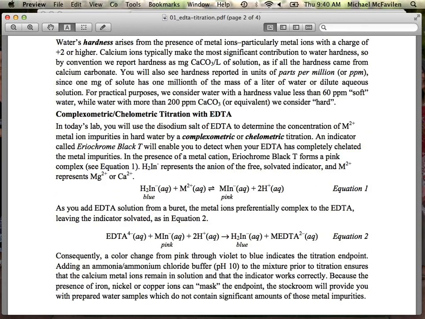Now when you add your solution, are you just adding EDTA? No, you're also adding water. So one of the issues we have to watch out for now is not just that we're adding EDTA, we're also adding water, and we're adding the EDTA in a varying concentration. How much EDTA do you know you're actually adding? How would you find that out?